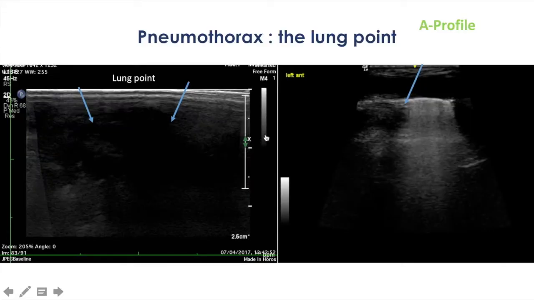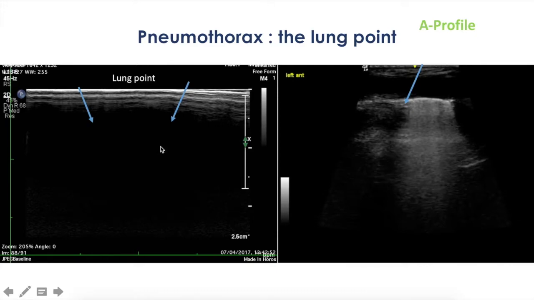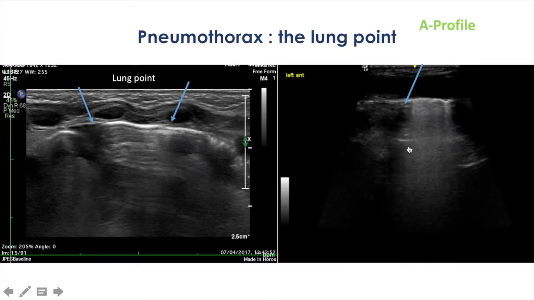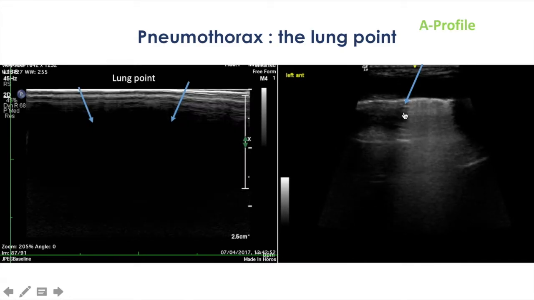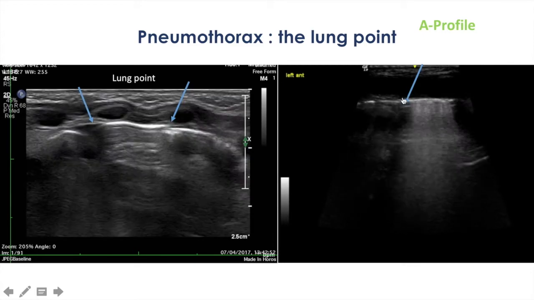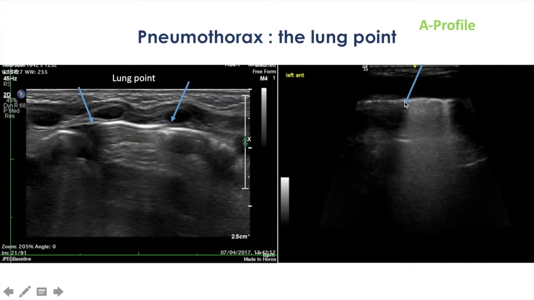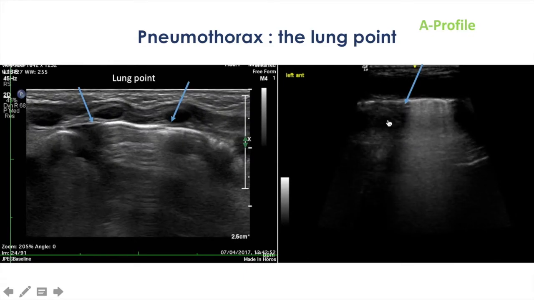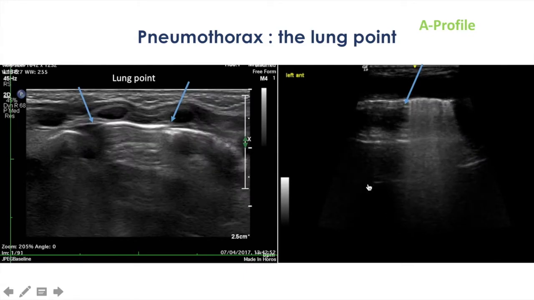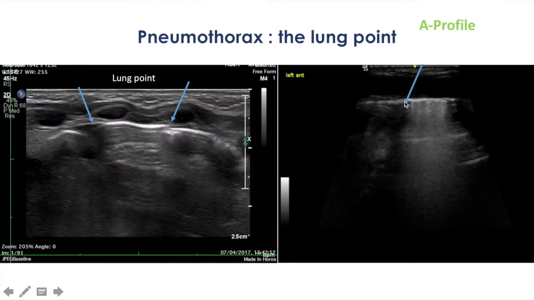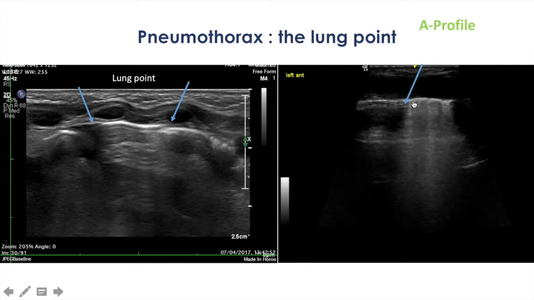Again, some more images in this baby. On the right slide, you can see the lung is shared into 2 parts. On the left side, the pleural line, you can see a regular line, A line, no B line, and this pleural line is not sliding. On the right side, you have a different lung.